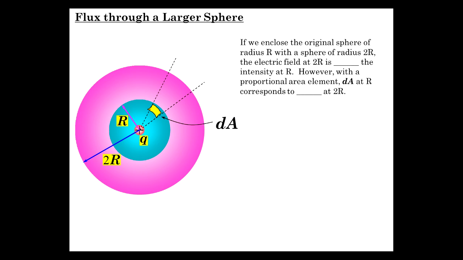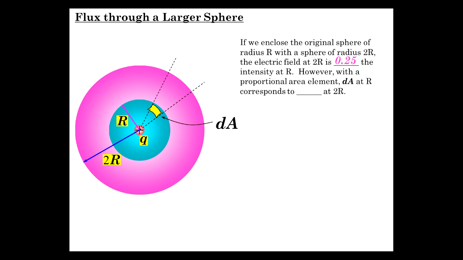If we connect lines from the point charge through this differential area, we see that when we get to 2r, the electric field at this location is only a quarter the intensity at r because of the inverse square law.